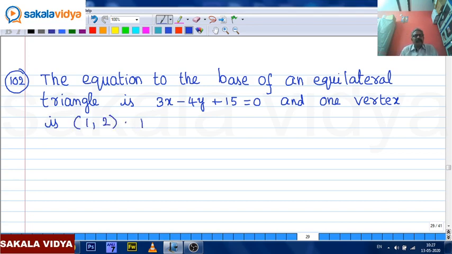The length of the side of the equilateral triangle is.